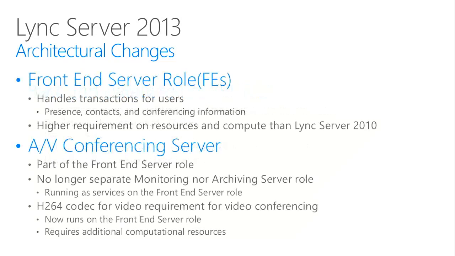All right, let's talk about the front ends here. The front end server role handles all the transactions for the user. So your presence, contacts, and conferencing information are all stored and managed on the front end. It therefore has higher hardware requirements than in 2010. That's the big significant change.